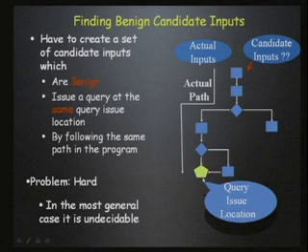If we are able to do that, then we can compare the query structures before the actual query is issued and detect SQL injection attacks. But in general, guessing these candidate inputs that will take you to the same query location is hard. In the most general case, it's undecidable. So it is a hard problem, and what we want to do is to avoid this problem.